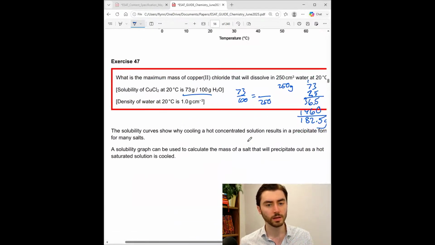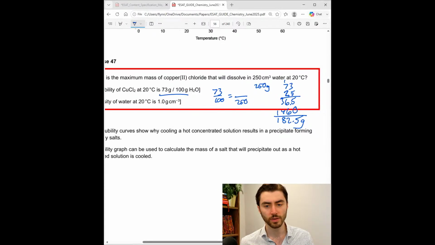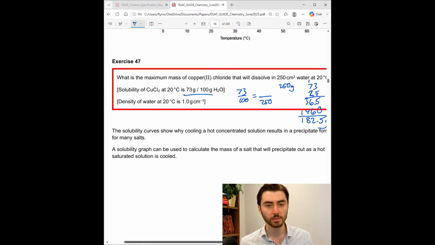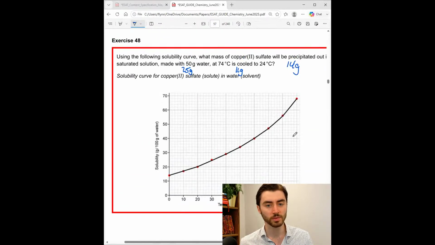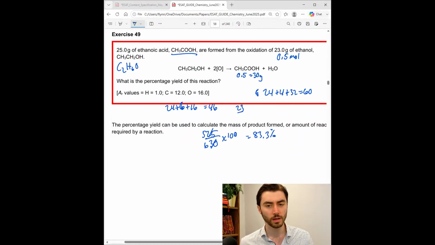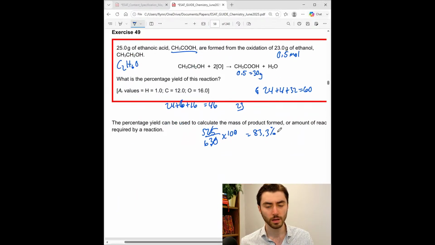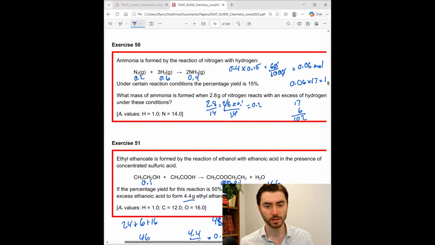Then the solubility stuff. So 14 grams falls out. I overshot the mark a little bit, but yes, 14 grams crashes out. 83.3%.